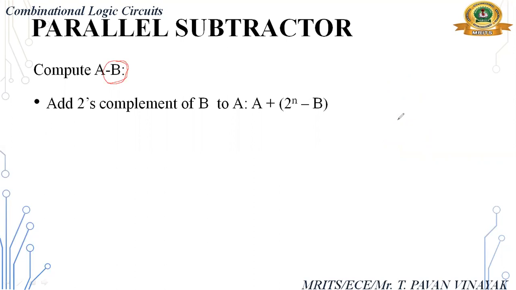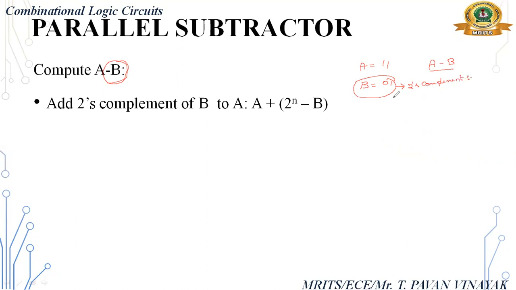Once again, I will explain clearly. I am taking a 2-bit number, right? A is equal to 1 1. B is equal to 0 1. I am performing subtraction now. How? Now you have to perform 2's complement for this.